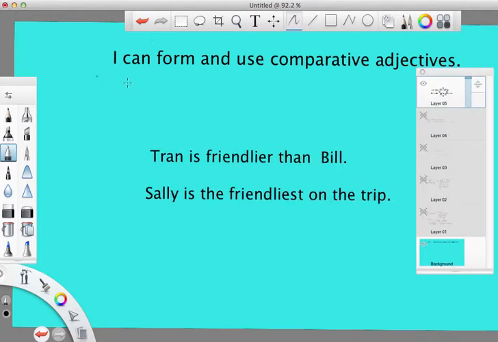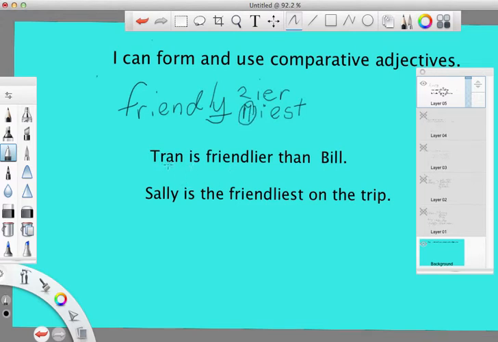Let's take a look using those two rules at this example. We're going to start with the word friendly. Friendly has two syllables and it ends in a y. So that means that y is going to turn to an i, and it'll either be friendlier or friendliest, depending on whether or not we are talking about two things, and I'm going to put an M for more than two things.